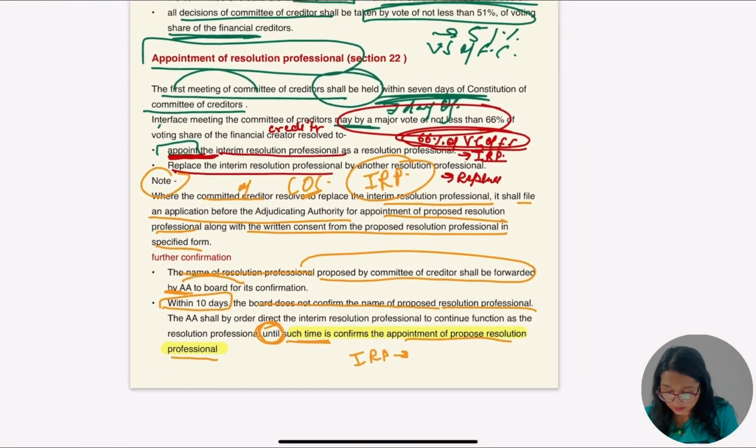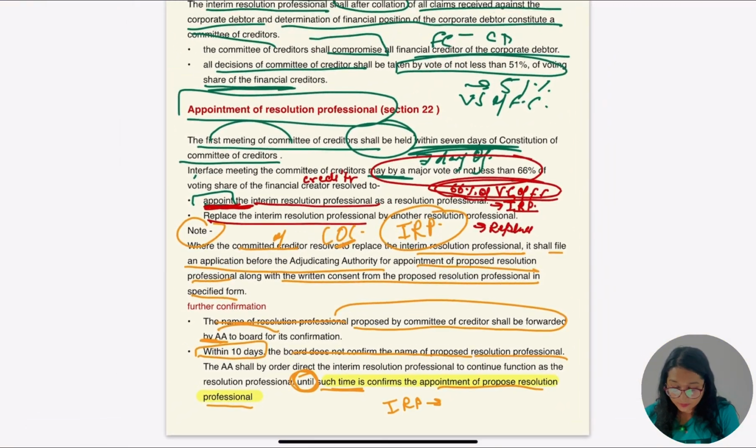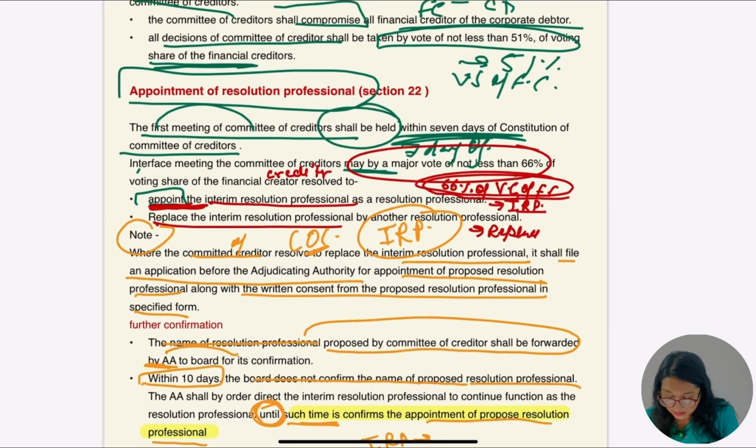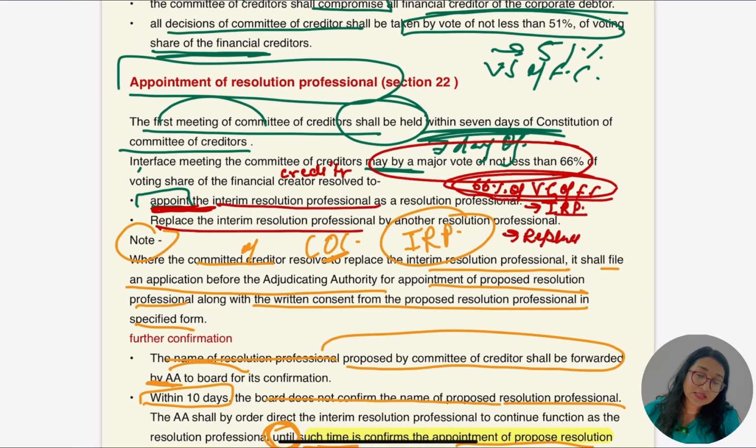In this section we read section 22, appointment of resolution professional, right? The first meeting should be held within 7 days of constitution of the COC, right? If they want to appoint or replace that professional with some other interim resolution professional, in that case they have to notify the AA in writing. The AA is going to refer to the board within 10 days.